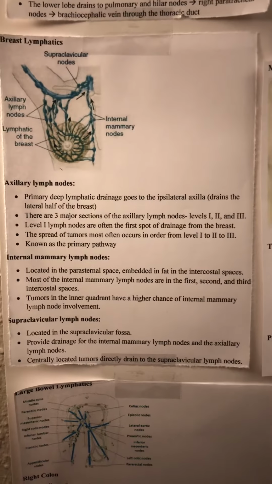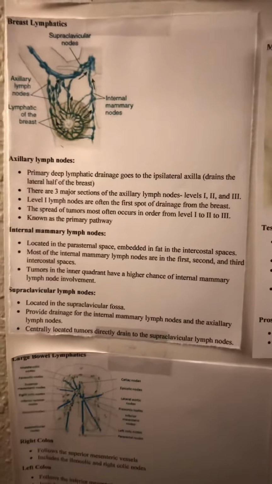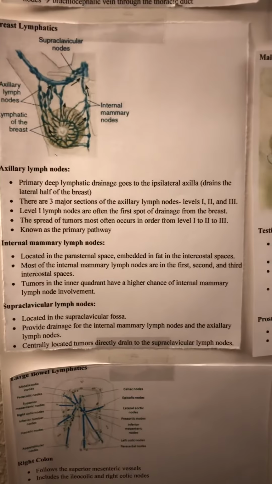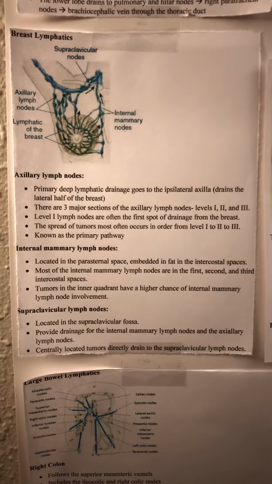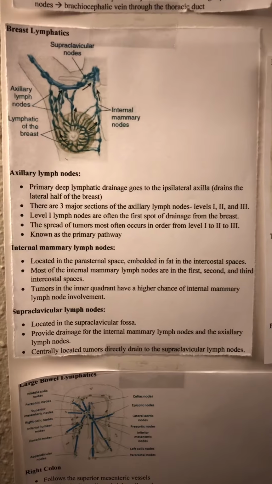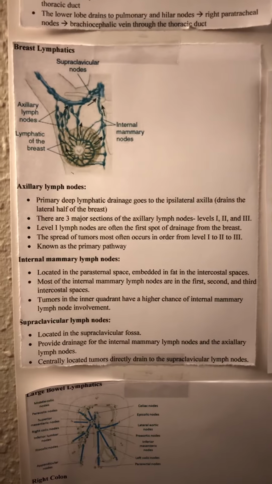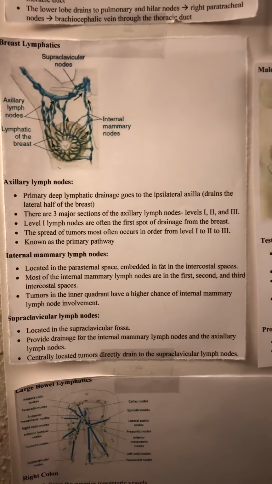And then there's the internal mammary lymph nodes, and these are located in the parasternal space, embedded in the fat and the intercostal spaces. You'll find most of these lymph nodes in the first, second, and third intercostal spaces, and tumors in the inner quadrant have a higher chance of internal mammary lymph node involvement.